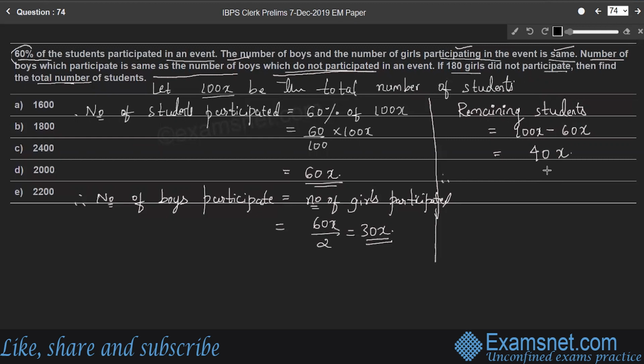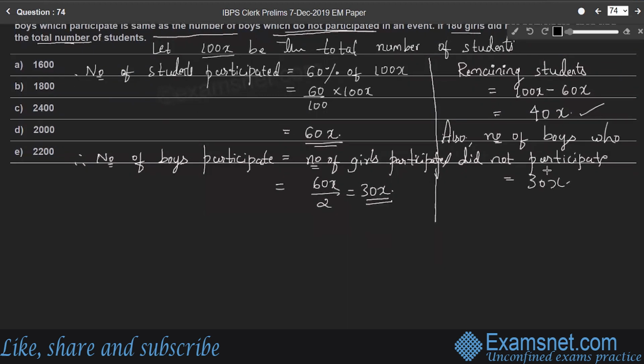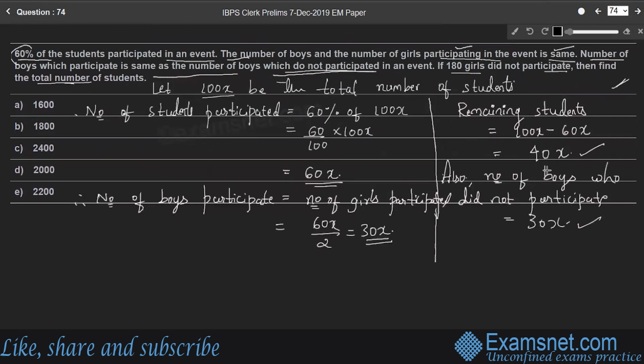Therefore, the number of boys who did not participate is equal to 30x, right? So we can say, in 40x students, 30x students are boys. So I'm considering this right part. Here 40x students did not participate. In that, 30x are boys.